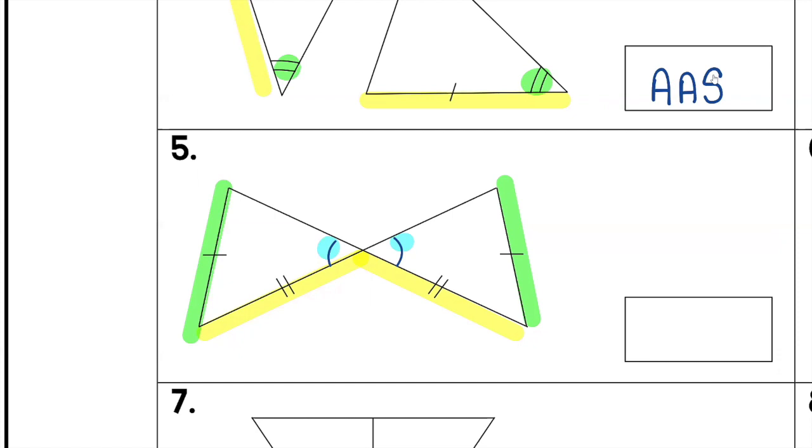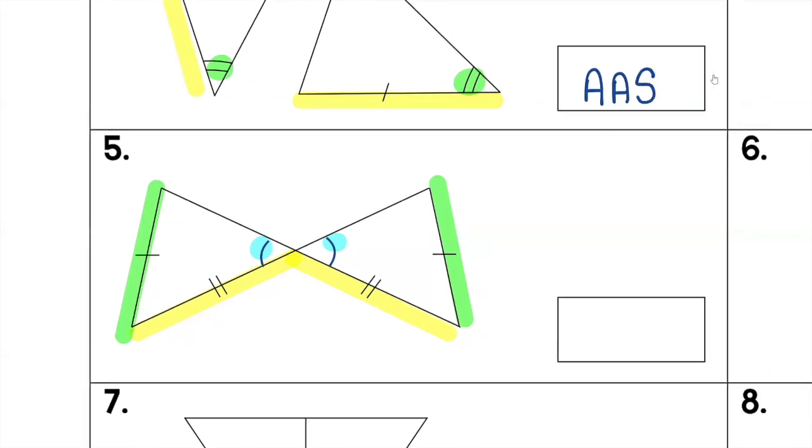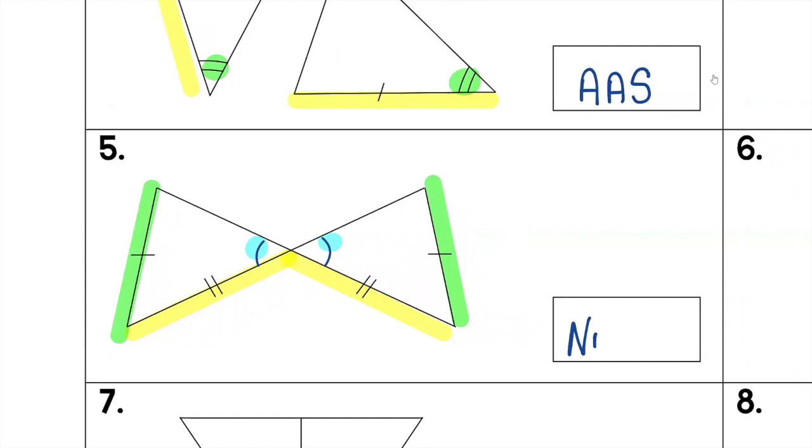So do we have enough information? No. So these are not necessarily congruent. Not necessarily. Because if they would have given me this side, it would have been. It's just a matter of which side they give me.